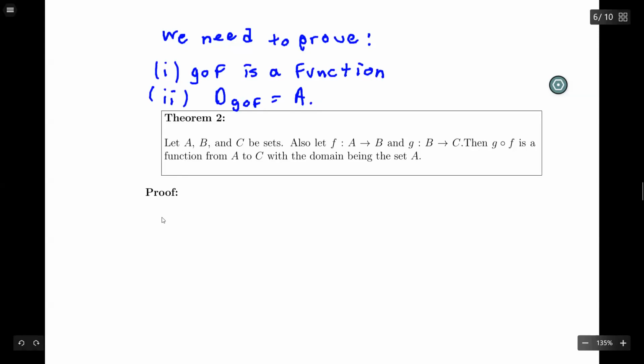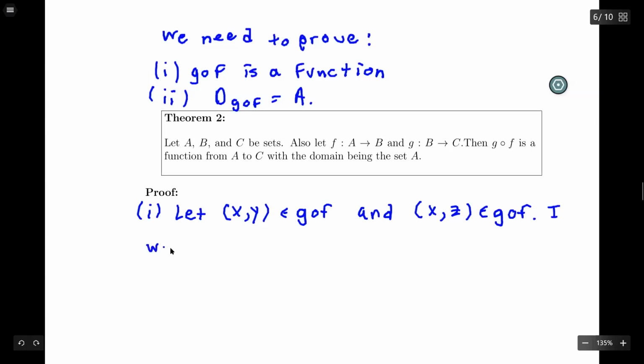So let (x, y) be in g compose f. I'm going to say there's an ordered pair (x, y) in g compose f, and there's an ordered pair (x, z) in g compose f.